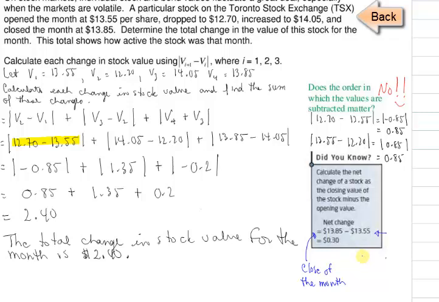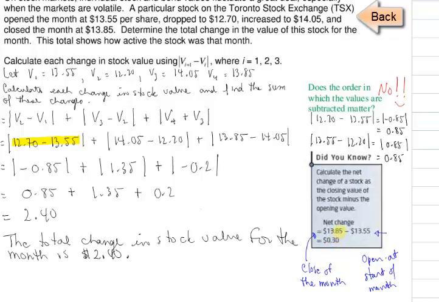So it opens at the start of the month. We know that the stock is worth $13.85 at the end of the month and it's worth $13.55 at the beginning of the month. So we just take the difference of those two numbers and the overall change in the month is 0.30.